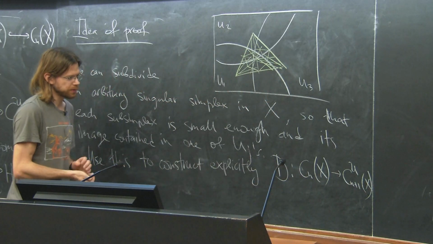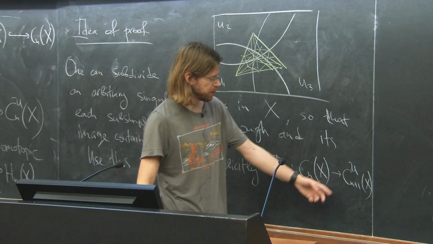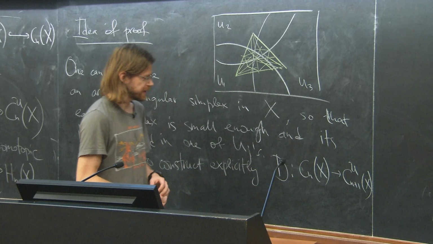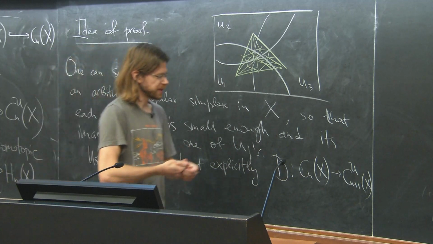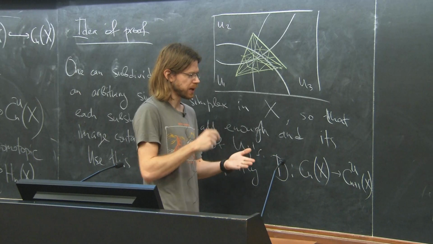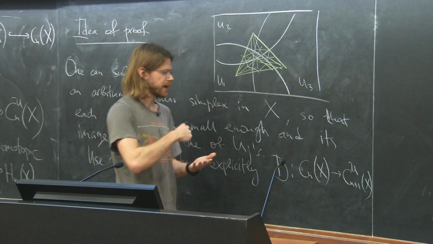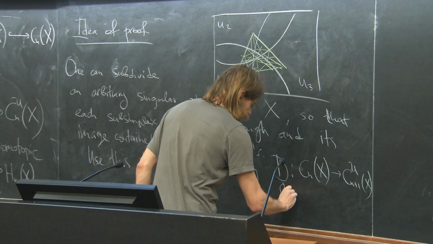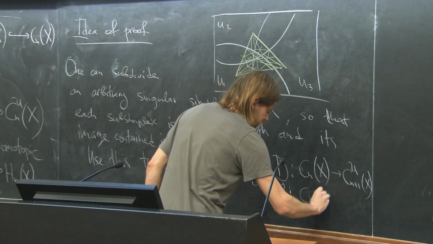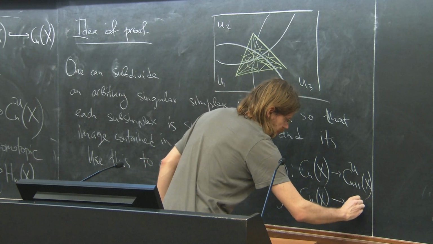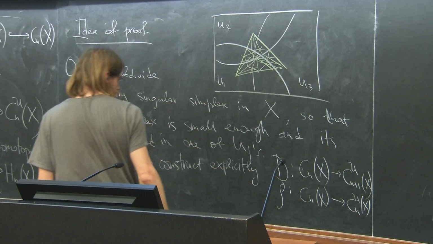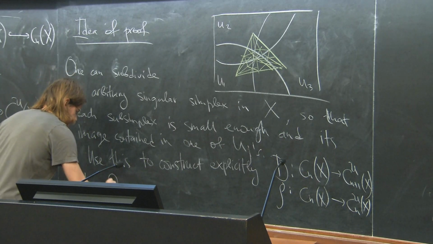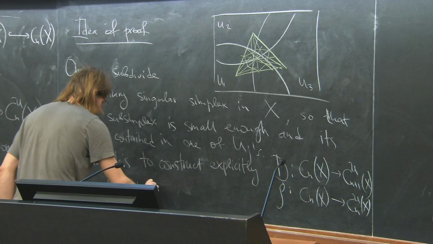It will act using this division procedure, and it will also add in some canonical way an extra vertex, essentially by taking singular simplices with one more vertex. This extra vertex will be actually inside the original simplex. And there will also be a map rho from Cn of x to Cn U of x, and they will satisfy the identity that we want for chain homotopy.